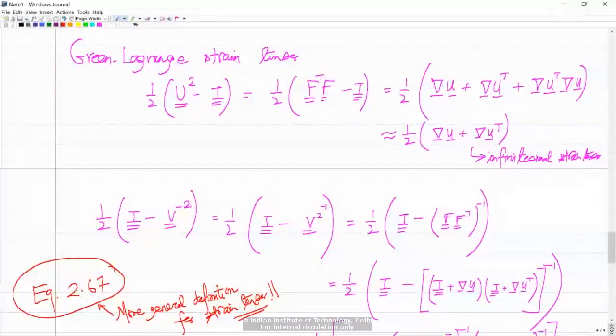When you stretch them, they have that logarithmic type of nature. So the stored energy for such material has a simpler expression when you write it in terms of ln of U. And that's why that definition for strain is also commonly used.